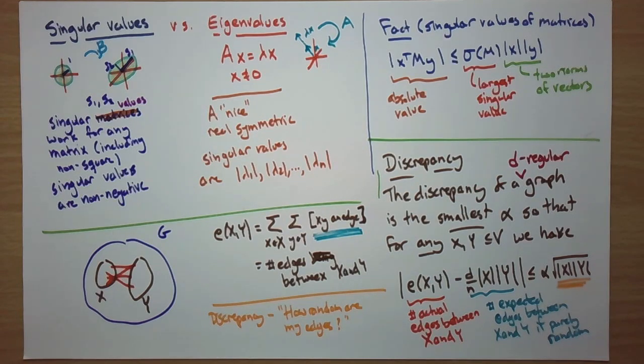We're going to talk about that, because right now you're wondering why did you talk about singular values? Do we have any sort of hold on what alpha can appear as the discrepancy of some graph? Probably not any irrational numbers, but what kind of positive rational numbers can you get?